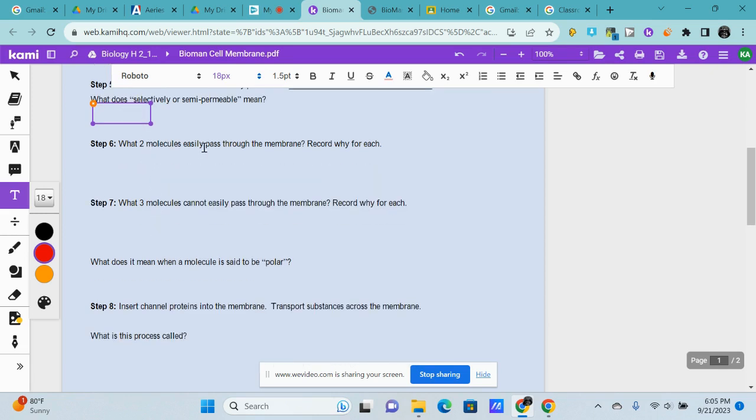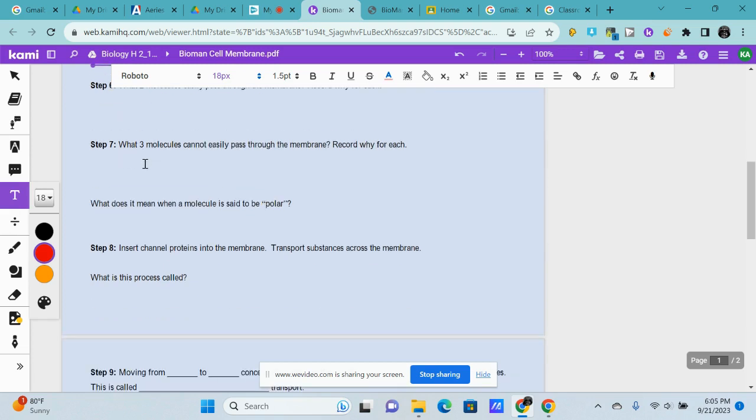What two molecules could easily pass through the membrane? The two molecules that could easily pass through the cell membrane without requiring a protein channel were oxygen, O2, and carbon dioxide, CO2. So you need to write that right here: O2, CO2, or oxygen, carbon dioxide.